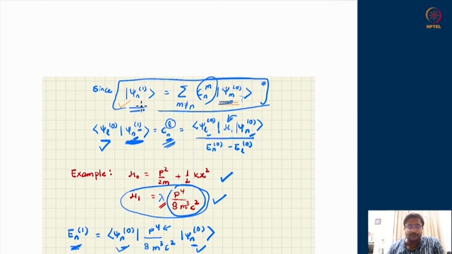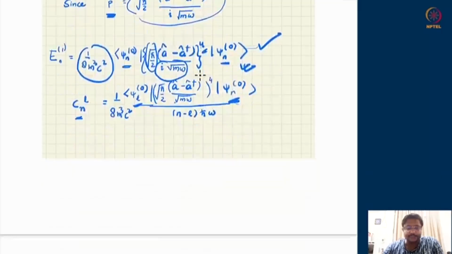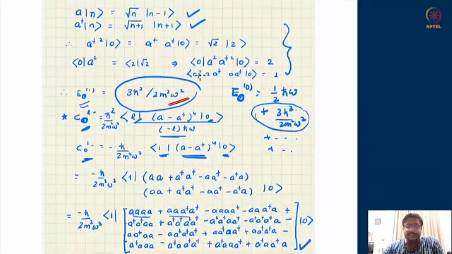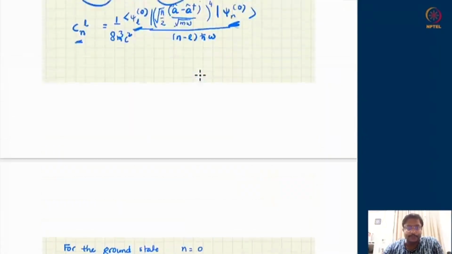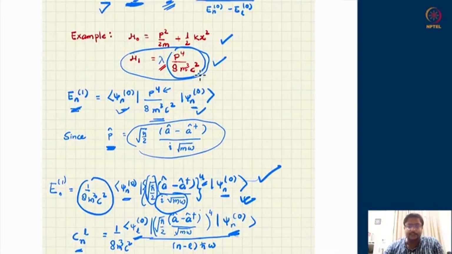And these corrections psi n1 are totally characterized by the coefficients CNMs which are coming here. So if I know the CNMs, I know the first order correction to the wave function. And we found that these CNMs are also to be obtained from the matrix element of the Hamiltonian.